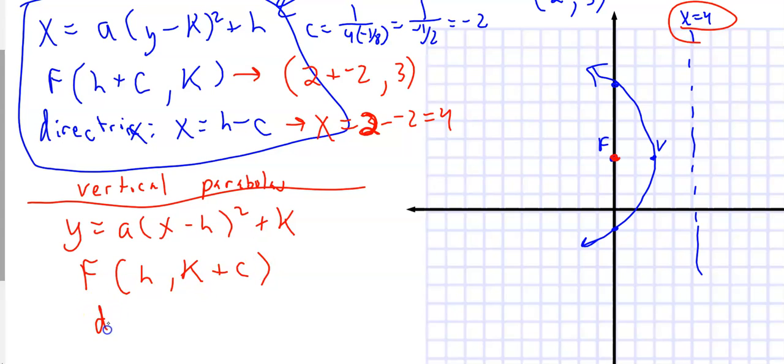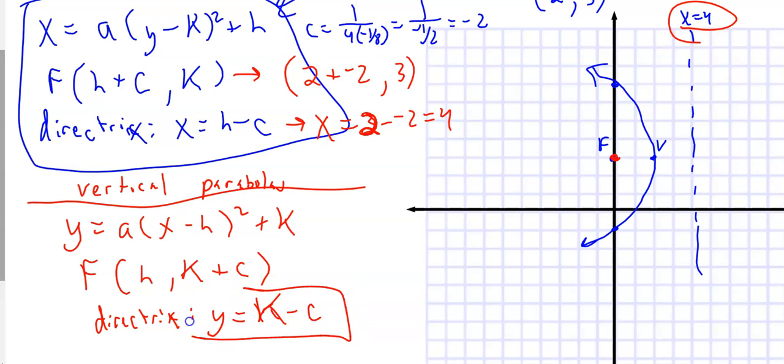Our directrix will be y equals k minus c. So that's the big difference with today.